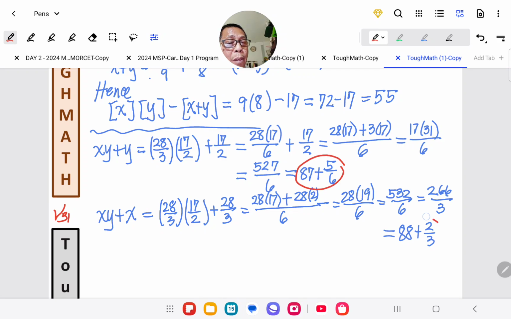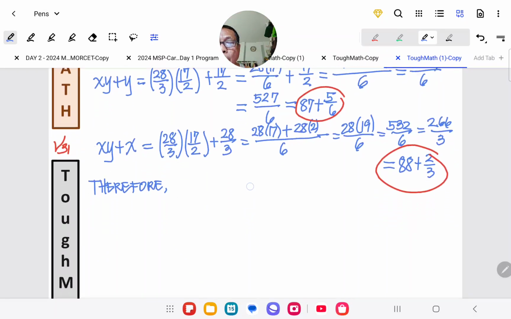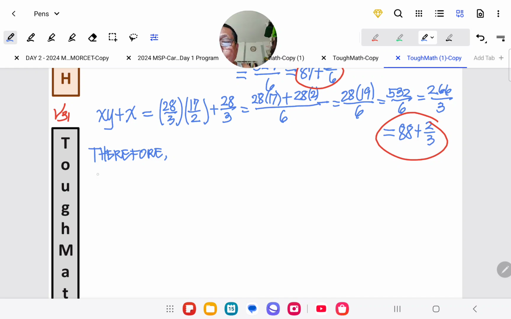So we have these two results. Therefore, xy plus y, greatest integer value, times the fractional part of xy plus x.